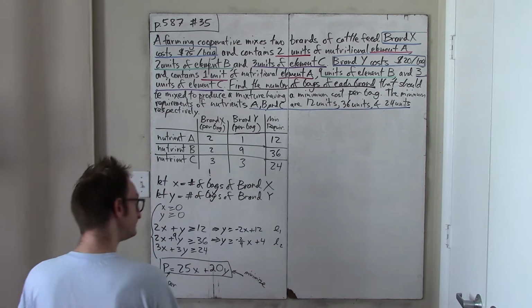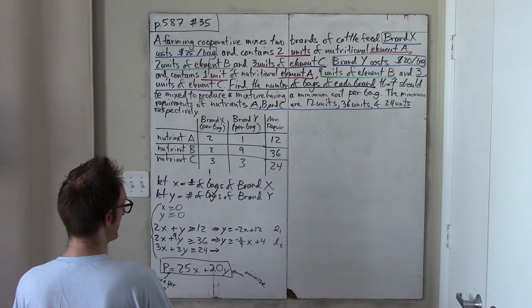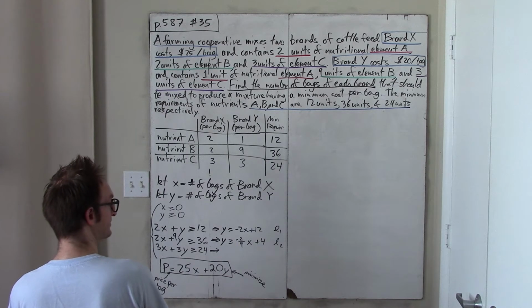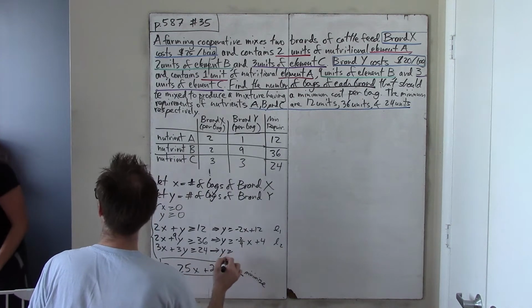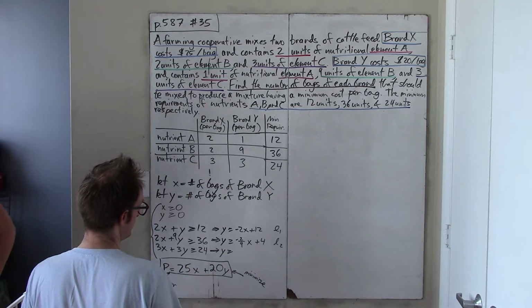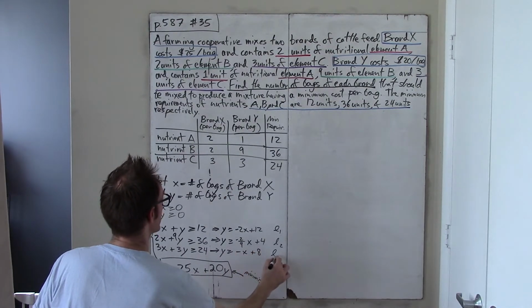That's line 2. And finally, here I can divide through by 3. So it's really like x plus y is greater than or equal to 8. So y has to be greater than or equal to negative x plus 8. Let's call that L3.